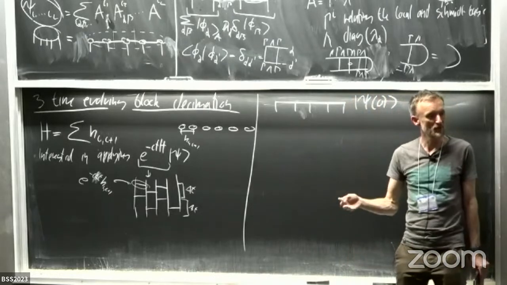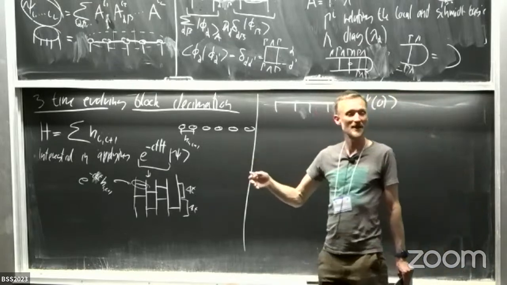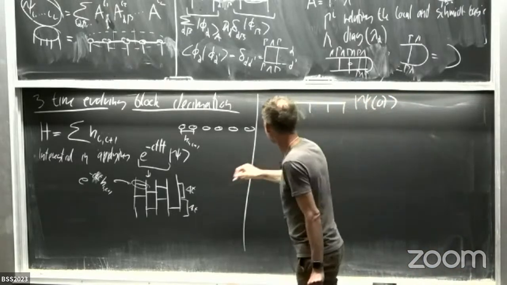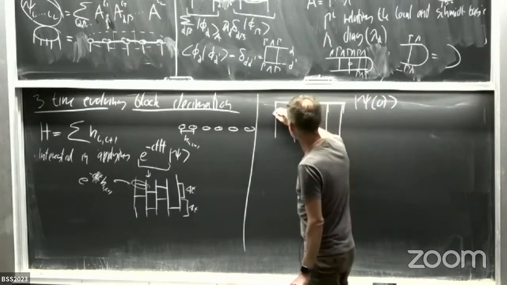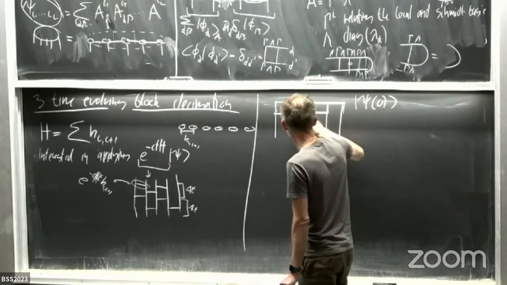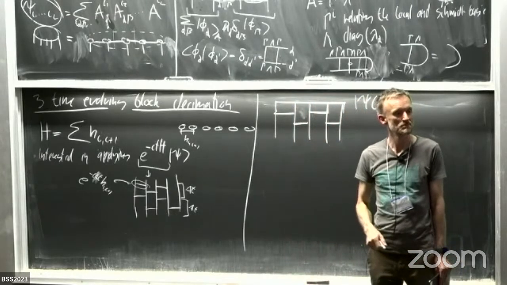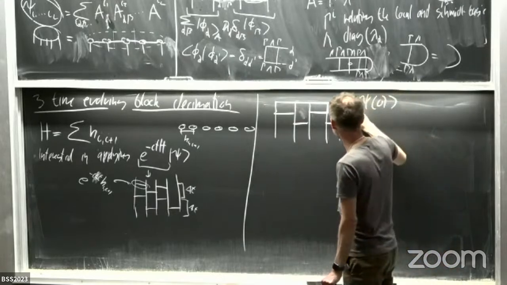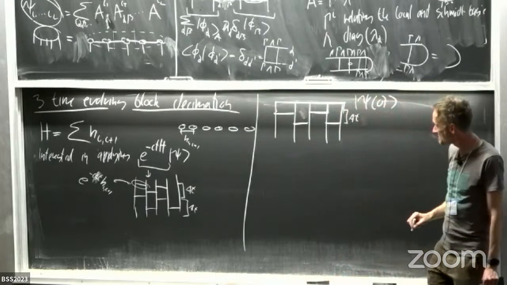And now I want to time evolve it by just doing one time step, delta t. What this amounts to is that I just take my circuit and apply one set of Trotter gates to it. Right? So this is evolving it by some time delta t.